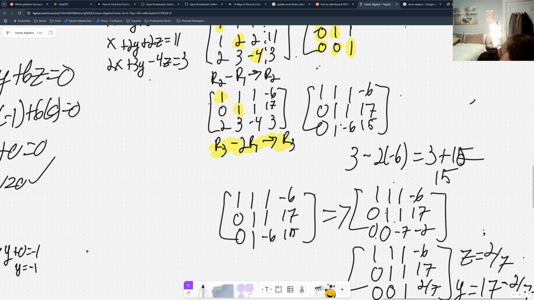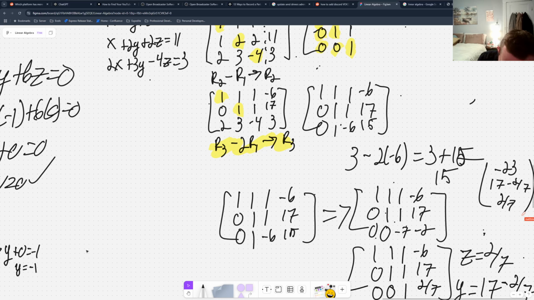And we have x, these cancel, plus 17 equals negative 6. And we have x equals negative 23. So our solution is negative 23. I don't know what 17 minus 2 over 7 is, so I'm just going to write it as this. And 2 over 7.